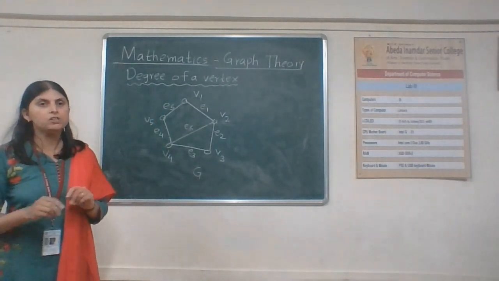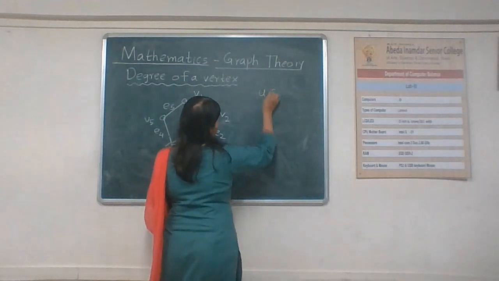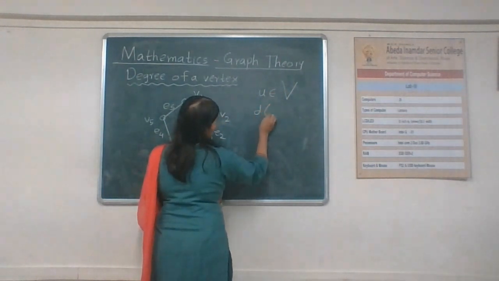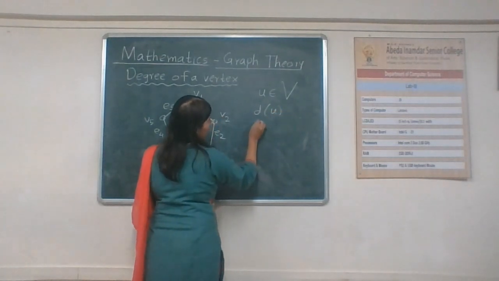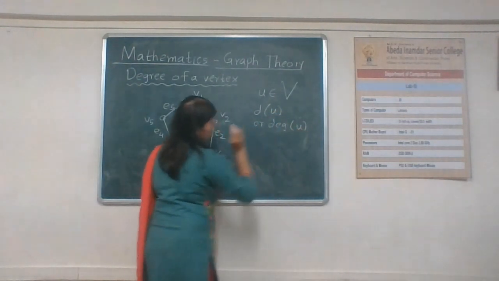Now what is the notation for degree of vertex? If U is any vertex of the graph, then degree of U is denoted by d(U) or deg(U).